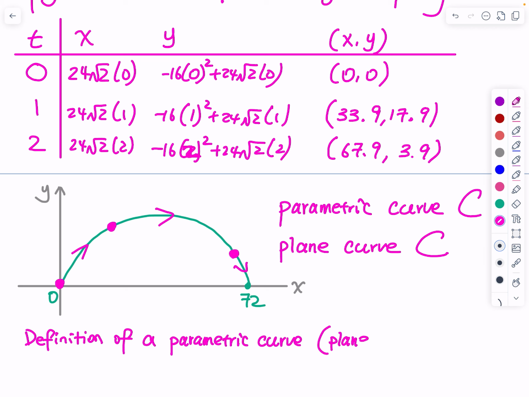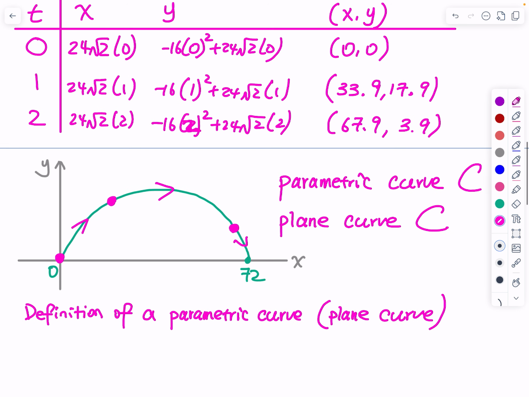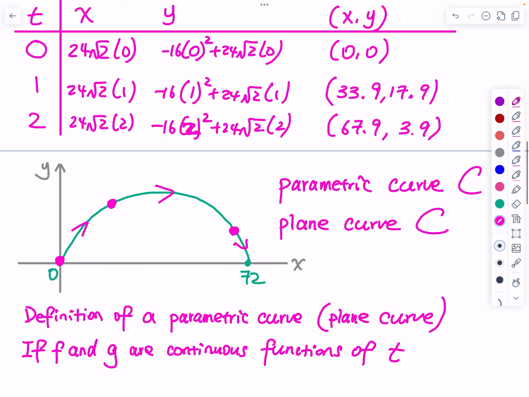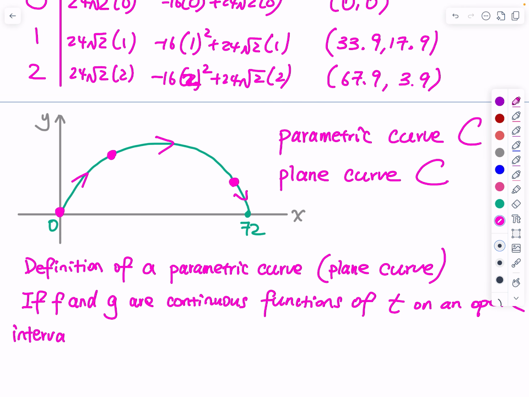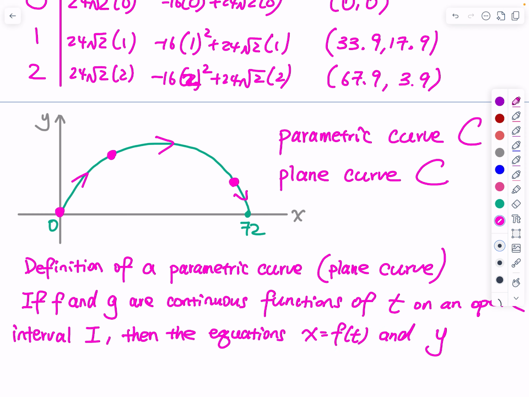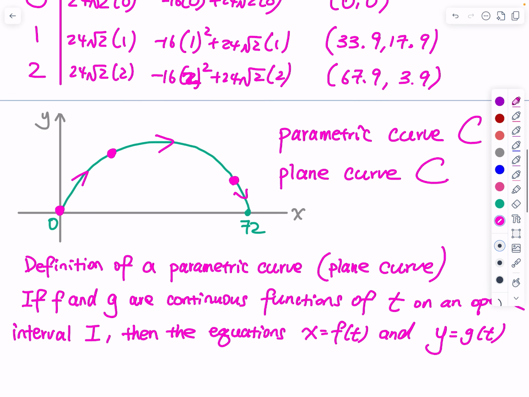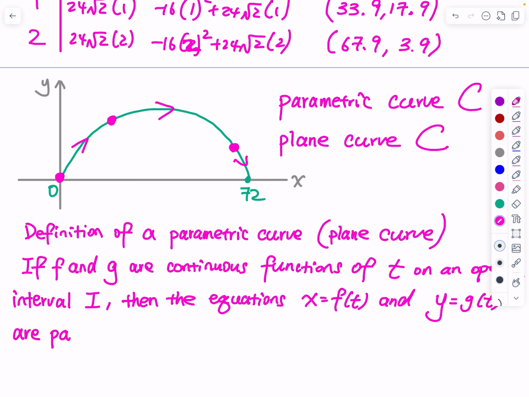If f and g are continuous functions of t on an open interval I, then the equations x is in terms of t, x is f of t, and y is in terms of t, y we call that g of t, are parametric equations.